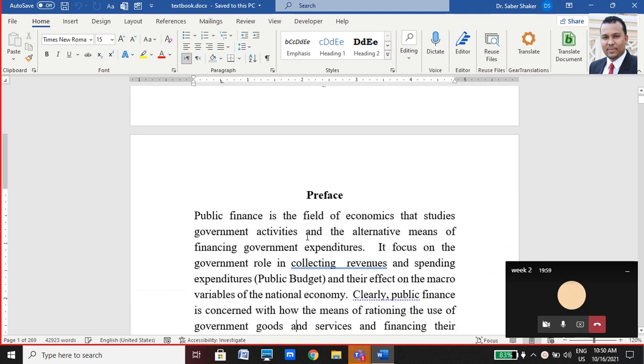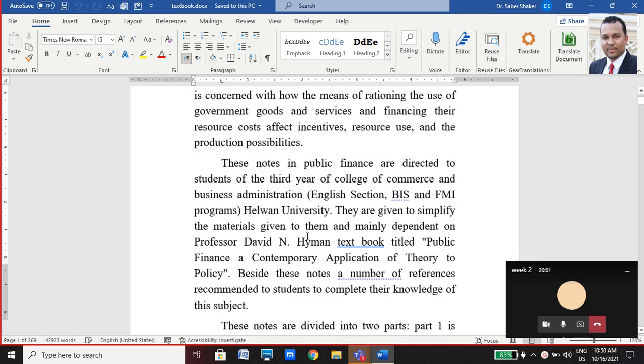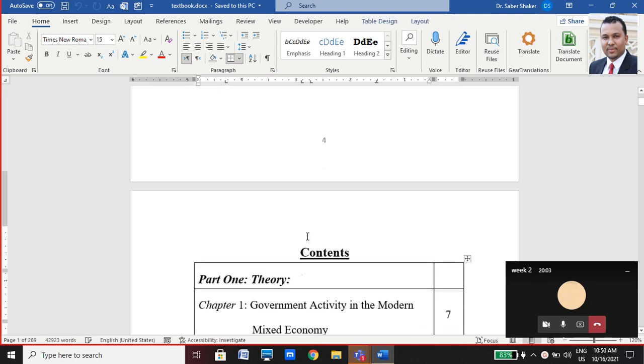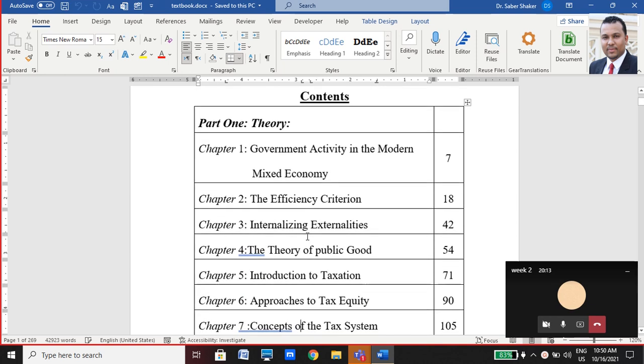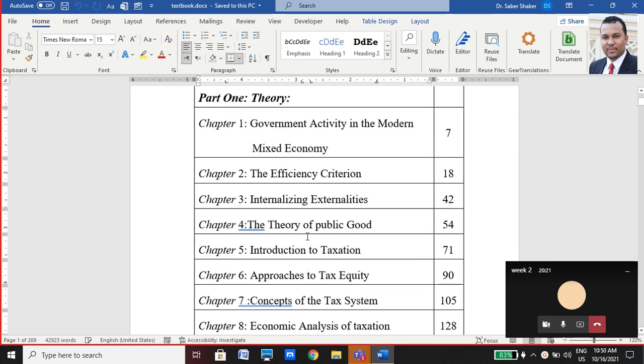Today we will explain the first chapter in our textbook, Public Finance. But first, for our curriculum, we talk about two parts. Part number one, the theory of public finance. In chapter 1, we will talk about the government activity in the modern mixed economy. Chapter 2, efficiency.